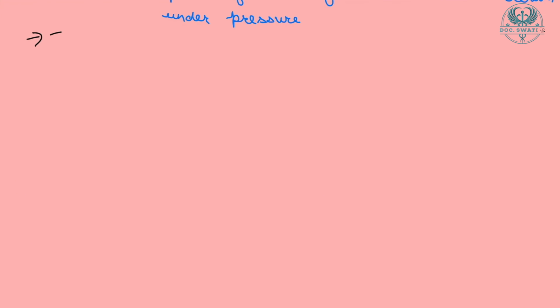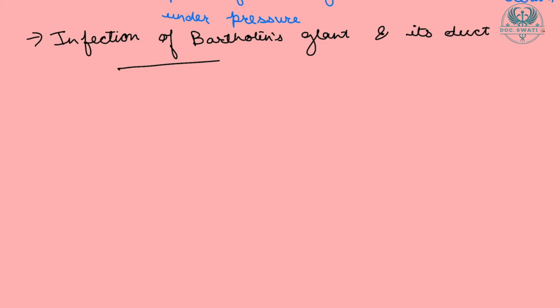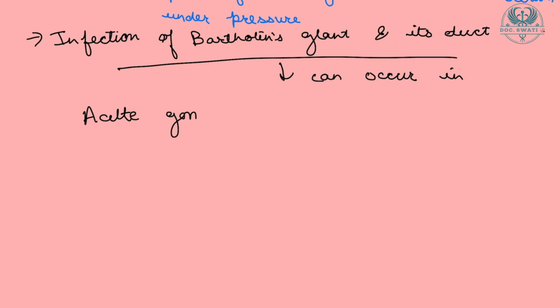The infection of the Bartholin's gland and its duct can occur in acute gonorrhea with the reddened mouth of the duct distinguishable on the inner surface of the labium minora.